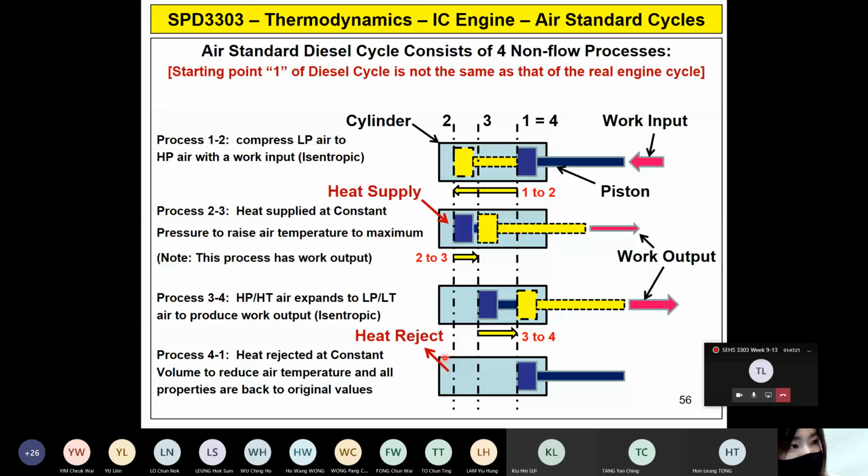And all properties are back to the original values. We finish the whole cycle. Process 4 to 1 is the same as that in the gasoline engine, the air-standard Otto cycle.